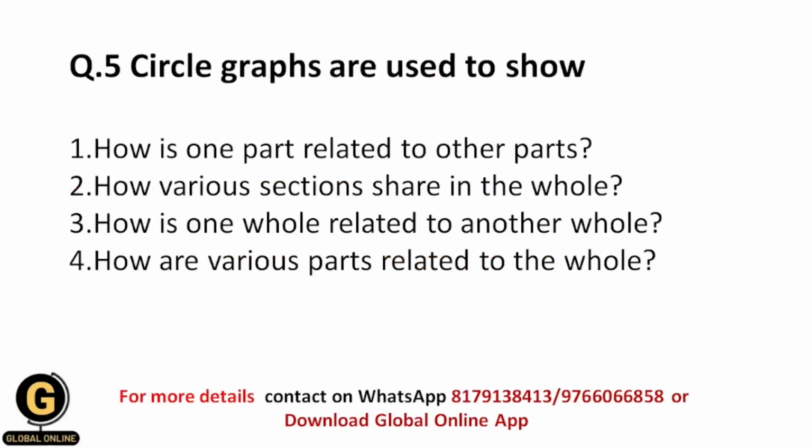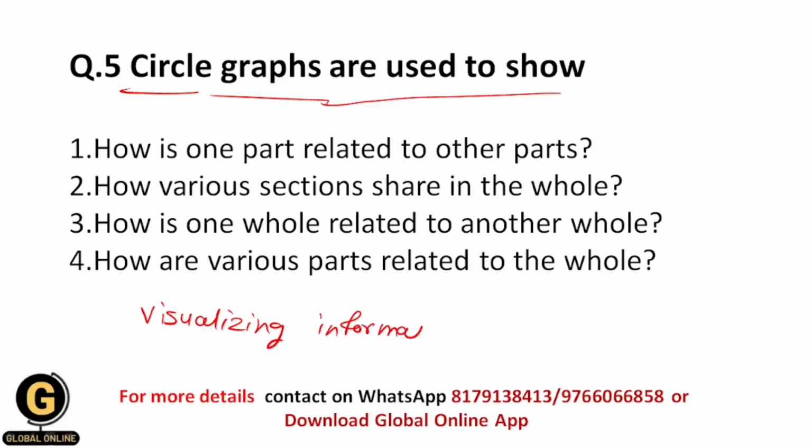Now next is circle graphs are used to show. Why do we use circle graphs in our data interpretation methods? Because circle graphs help us in visualizing information and also data.